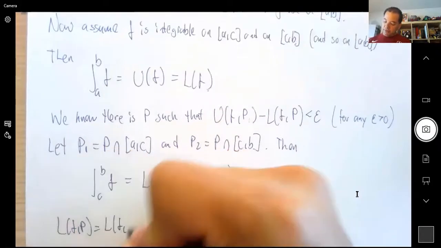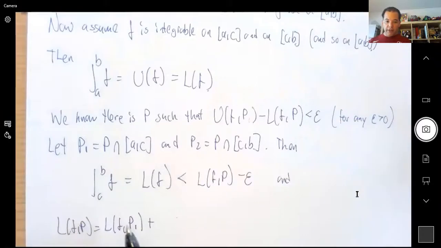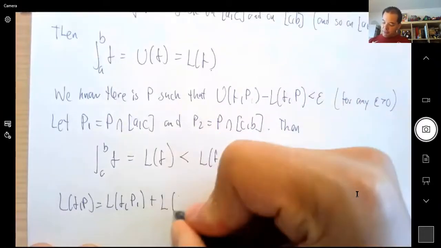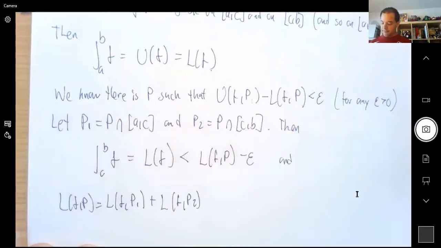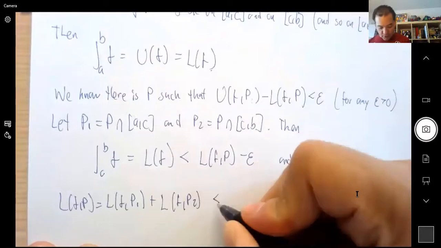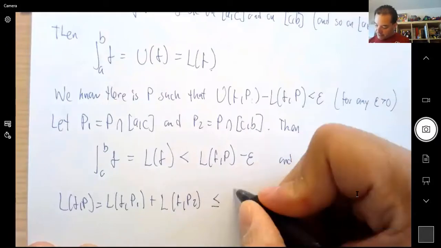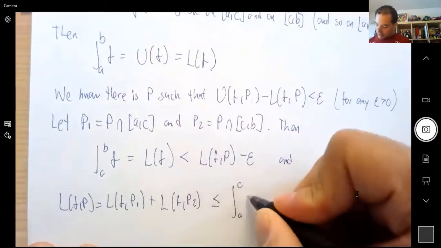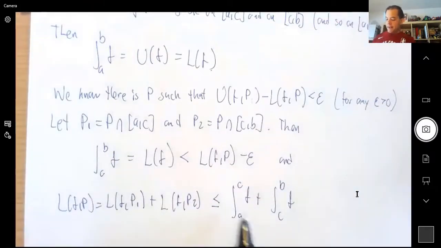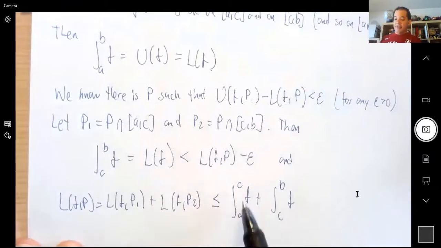Well, we could do the partition over the smaller interval, the first interval, and add then the lower sum over the second partition. And these are definitely smaller than the integral from A to C plus the integral from C to B. Because, let's recall, this guy over here is the supremum of the L's, right? So it's an upper bound. It's the supremum of the L's over all partitions.